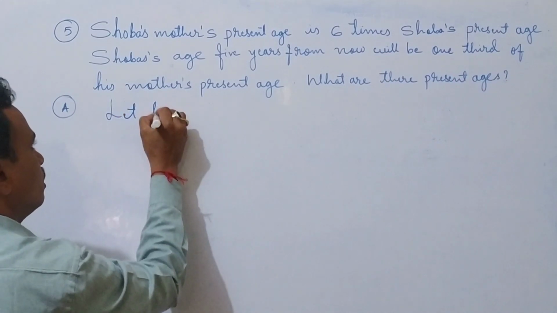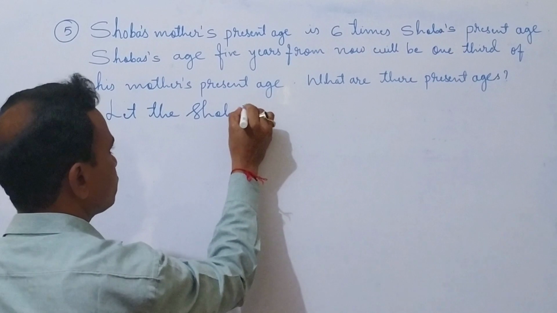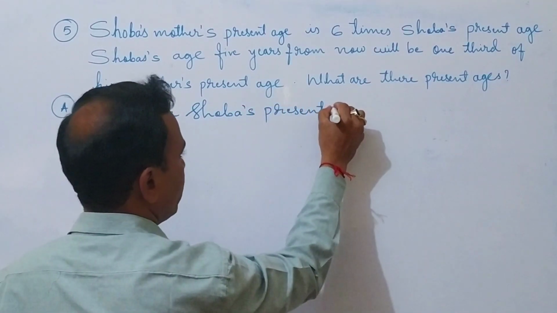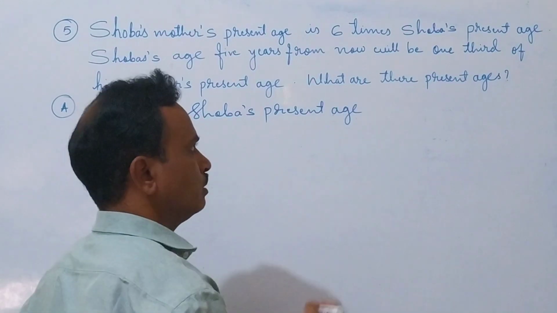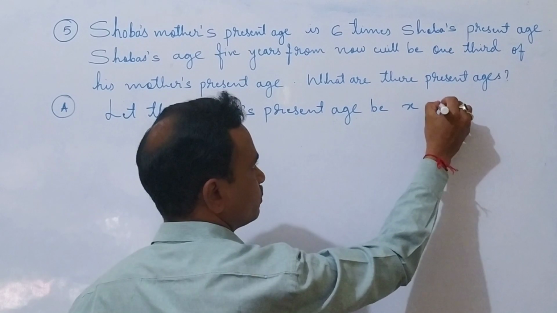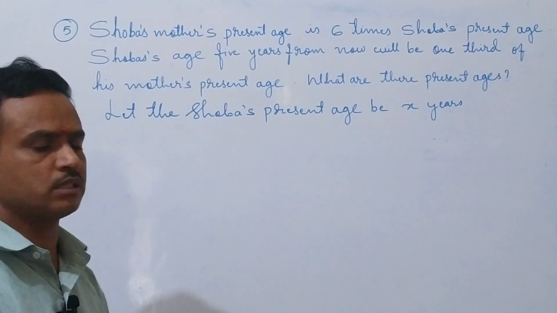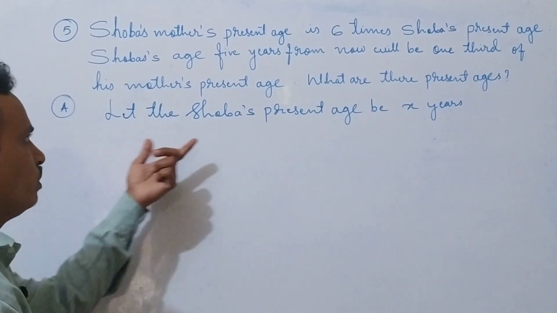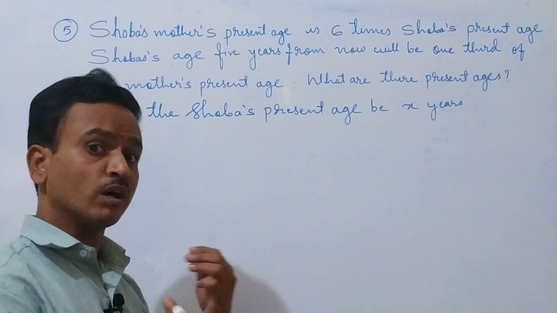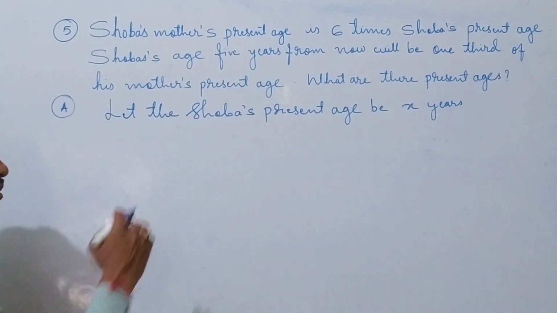Let Shobha's present age be X years. Then when Shobha's present age becomes X, Shobha's mother's present age becomes 6X, according to the question.